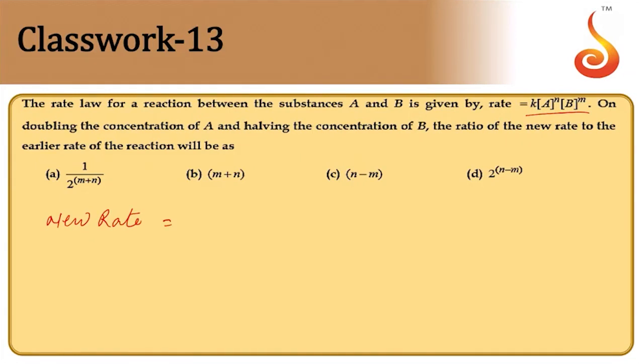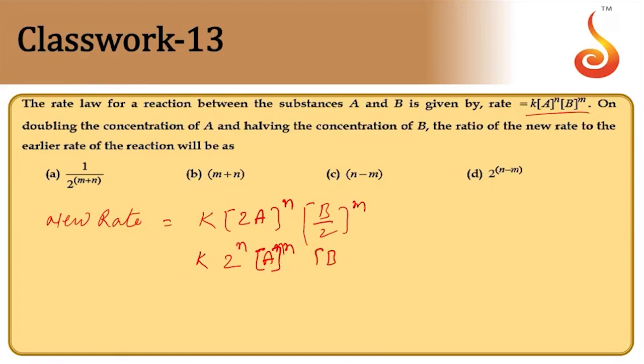Now the new rate will be equal to K into, since the concentration of A is doubled, (2A) to the power of n. The concentration of B is decreased by 2, it becomes half, so (B/2) to the power of m. This is equal to K into 2 to the power of n, [A]^n, [B]^m, and 2 to the power of minus m.